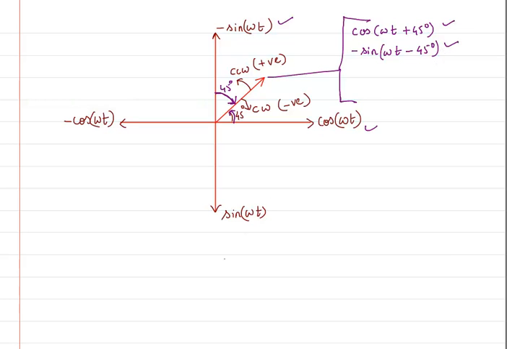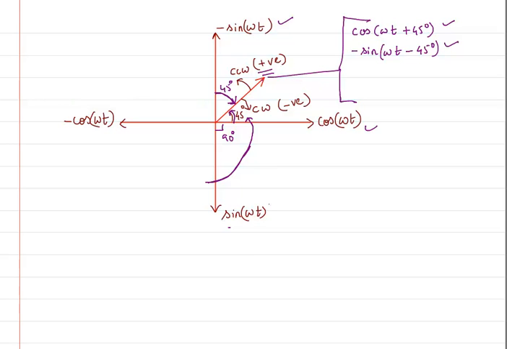Now let us come to the sine. If you imagine this arrow, the sine axis has traveled from here all the way up to this particular arrow. How much is that? Here you have 90 degrees and here it is 45 degrees, in the counterclockwise direction, which is always positive.